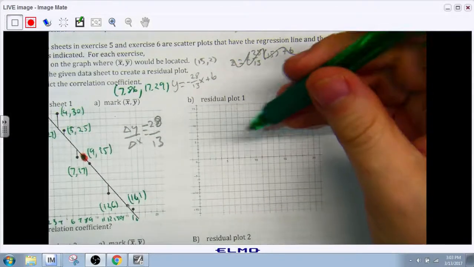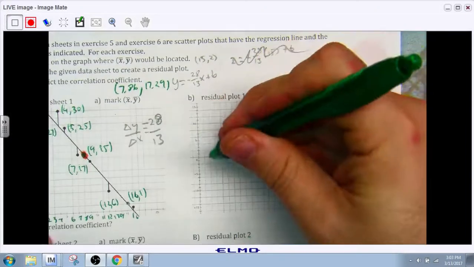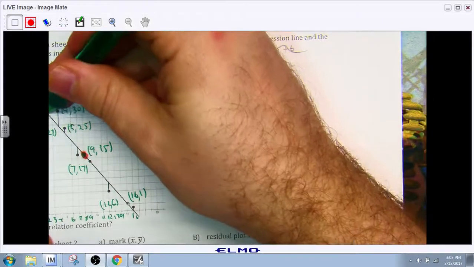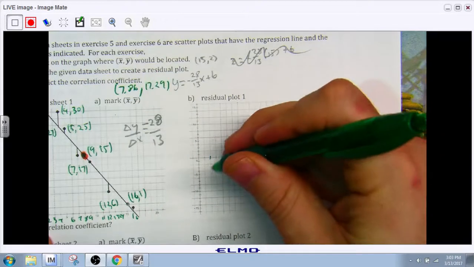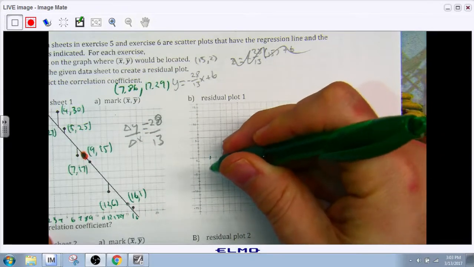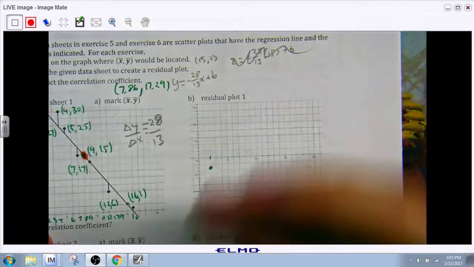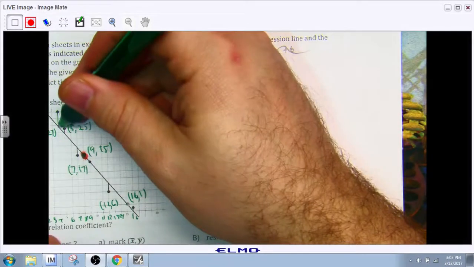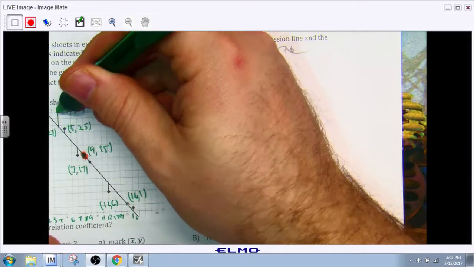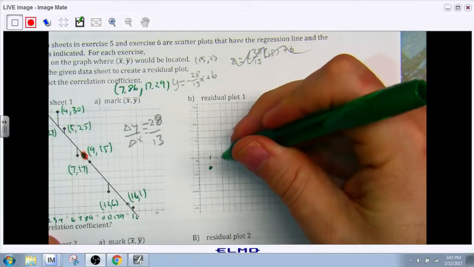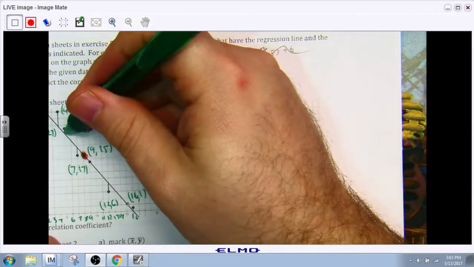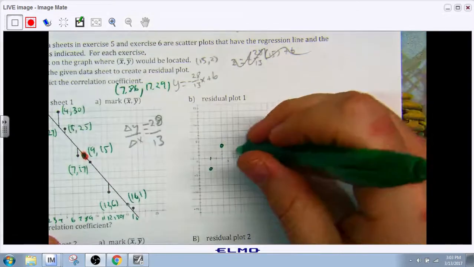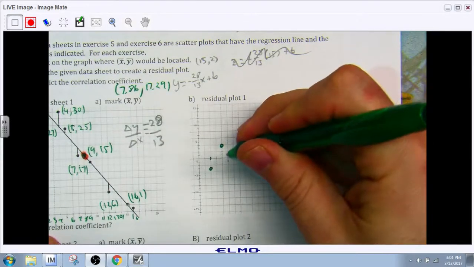So when we just eyeball it, we see at 2 we have about negative 1, 2, 3. So we'll just call that negative 3. The next one's at 4, that's a positive 1, 2, 3, 4-ish. So 4 is 1, 2, 3, 4. Here it's about a positive 1 and 5. So about right there.